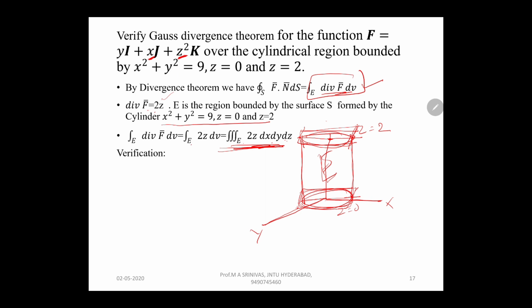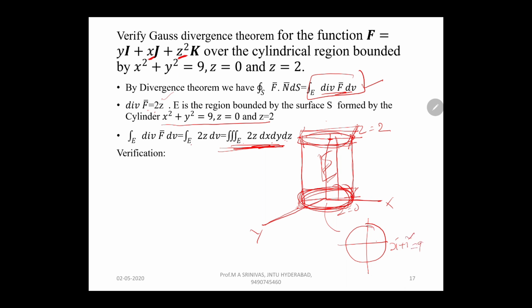Now, how do I evaluate this triple integral? There are several ways I discussed already. Anyway, z varies from 0 to 2. Where do x and y vary? This is a circle, x square plus y square is equal to 9 on the xy plane.